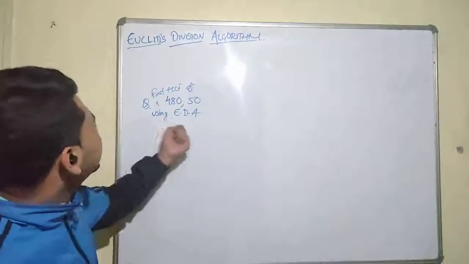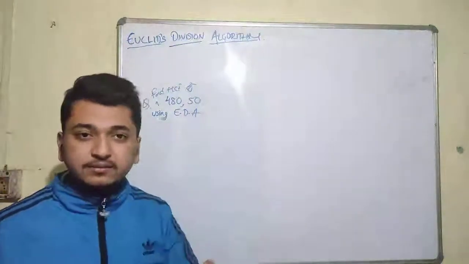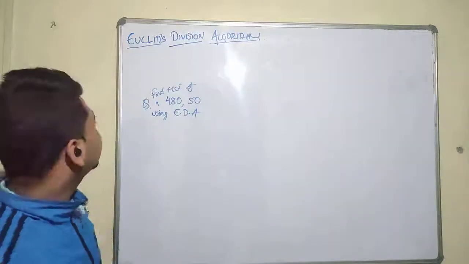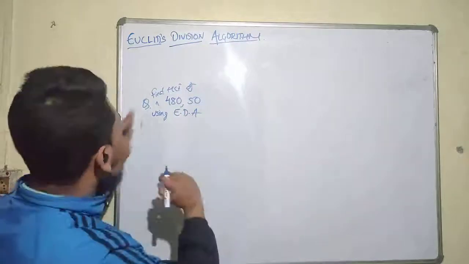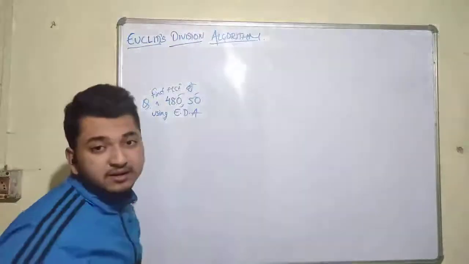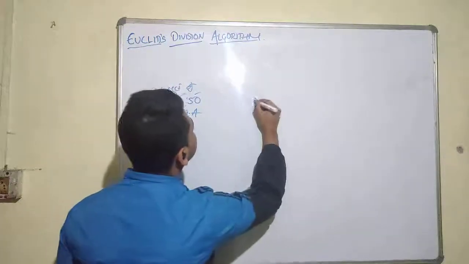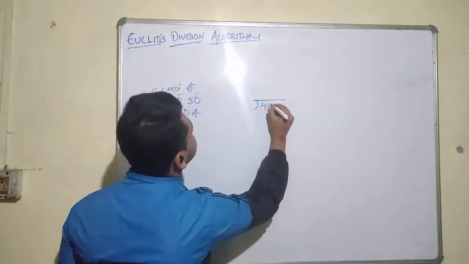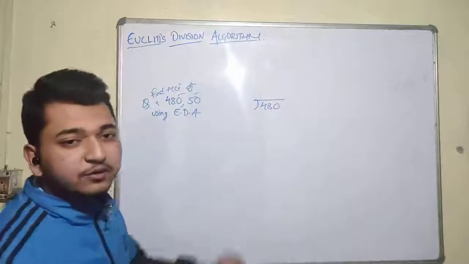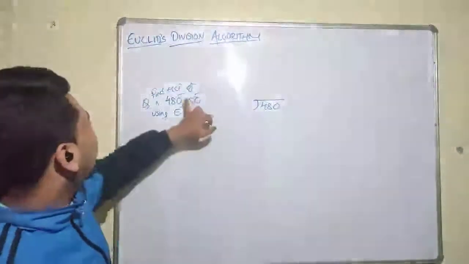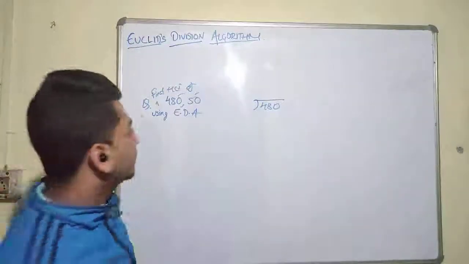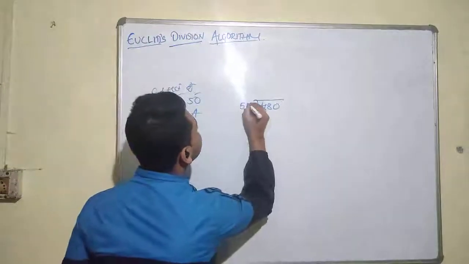From these two numbers, which one is bigger? 480. So you will take 480 as your dividend, and the divisor will be 50.